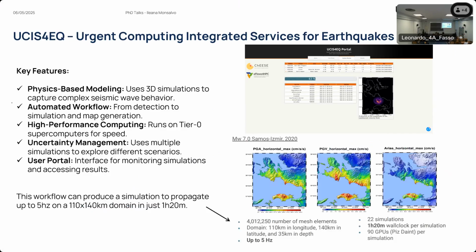So 5 Hz is, I would say, a nice number. So it can produce a simulation on a large domain, 100 by 100 kilometers, in just 1 hour and 20 minutes, which also is good time. Yeah, it's a short time.